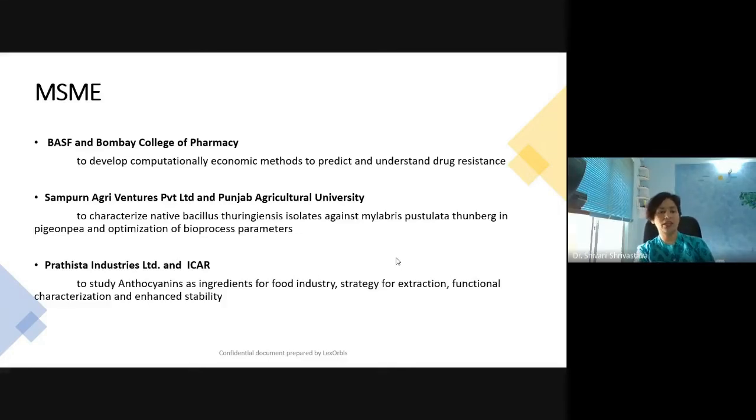Then Pratishtha Industry Limited and ICR, where MSMEs are collaborating with universities or institutes for further research, and they both conduct the research together. In this case, once the research is done or the product is ready, they can both launch it in collaboration. Otherwise, they can both look for a licensee, and the technology can be licensed to the industry for manufacturing and commercialization.